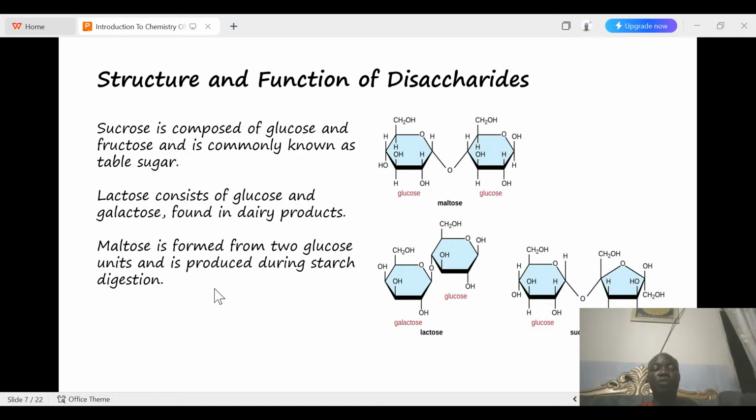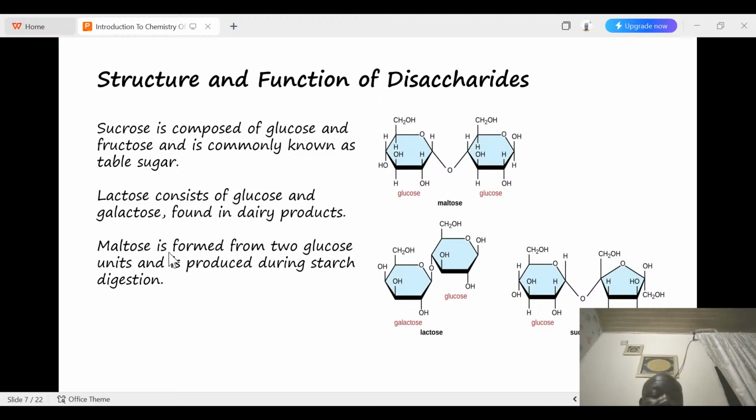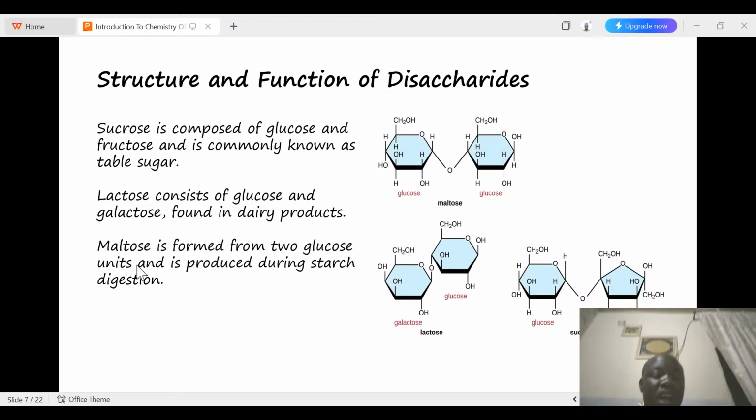The monosaccharides glucose and fructose join through a glycosidic bond. Lactose, glucose and galactose, also join through a glycosidic bond. And for maltose, the two molecules of glucose also join through a glycosidic bond. So ladies and gentlemen, these are the most common disaccharides, their structure, and how they are generated.